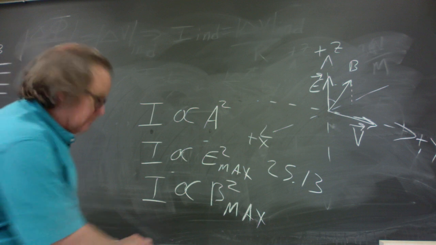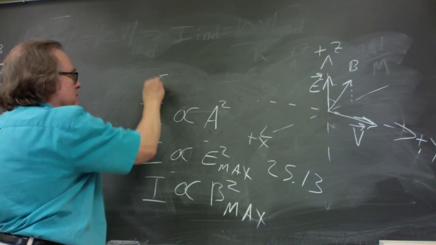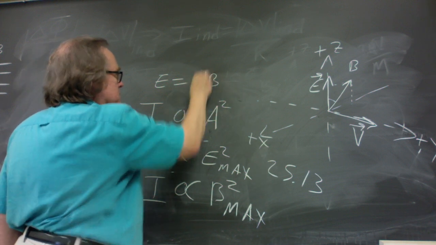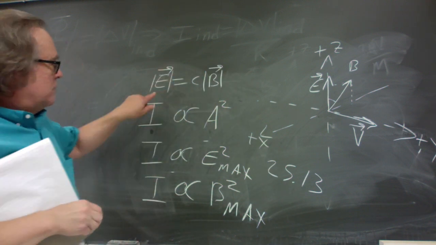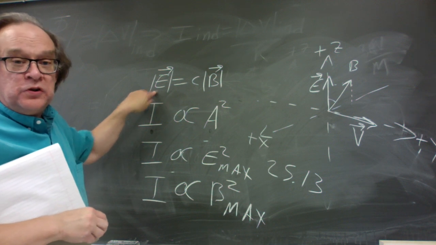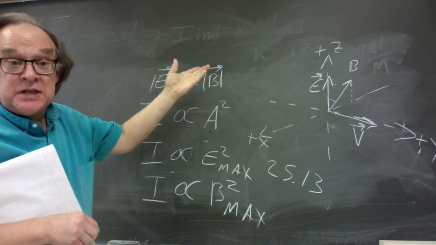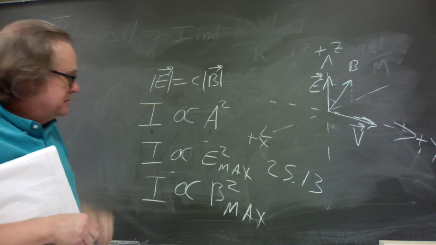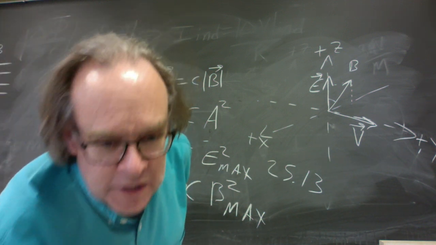Of course, they change together because we also have this rule. So obviously, if the magnitude of one field changes, the other one is going to change its magnitude by the same factor. So you can try some of those questions.